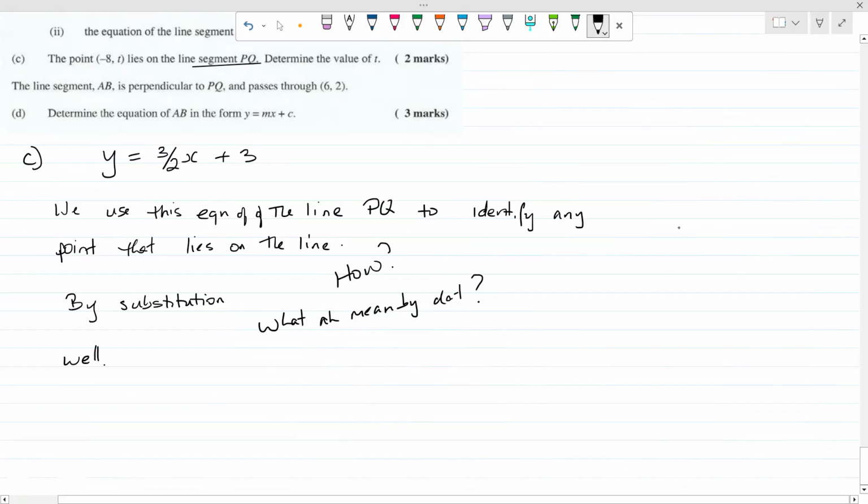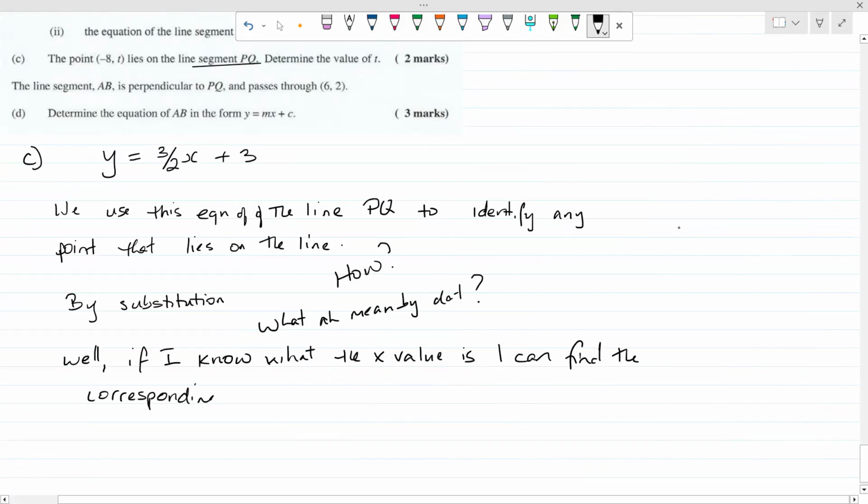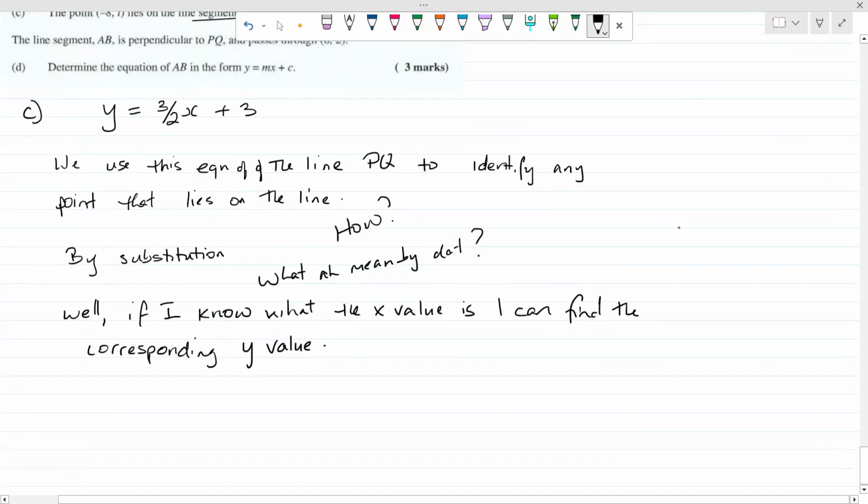Well, if I know what the x value is, I can find the corresponding y value. And I'll show you how.